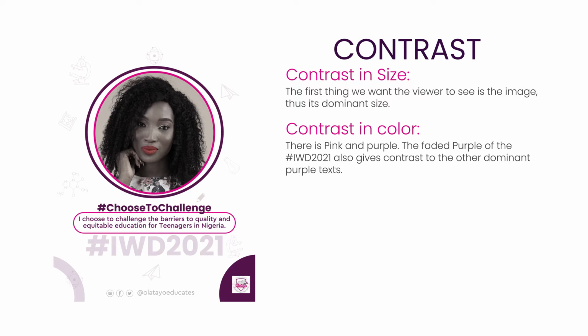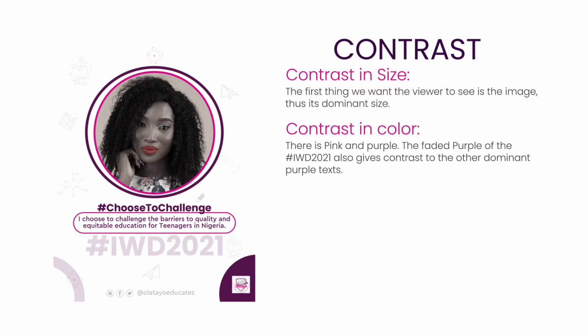There are many materials online about color schemes and all of that. For instance, what we have here, this pink and purple are in consonance, and the faded one, the hashtag IWD 2021, is a faded version of the purple.